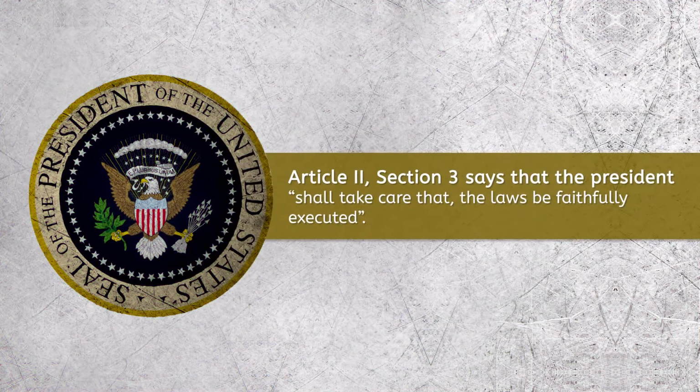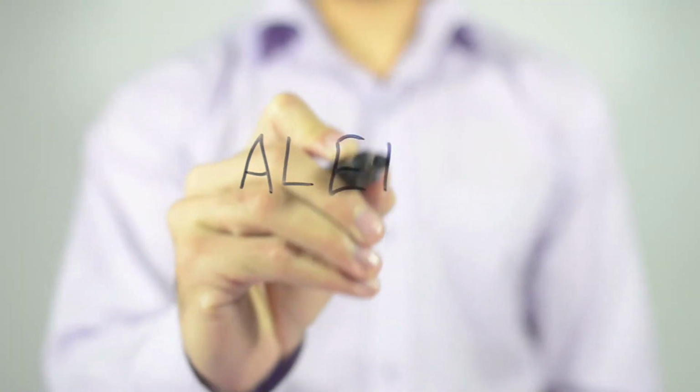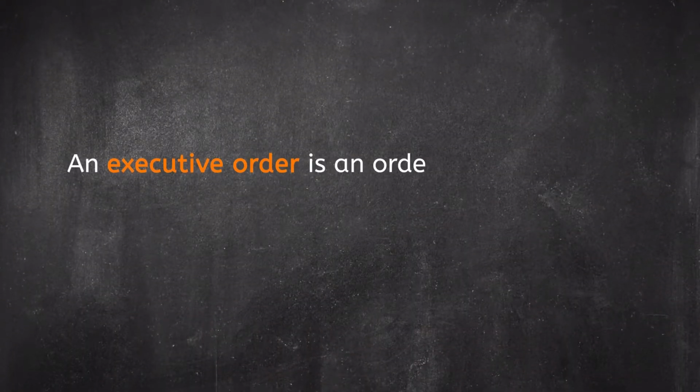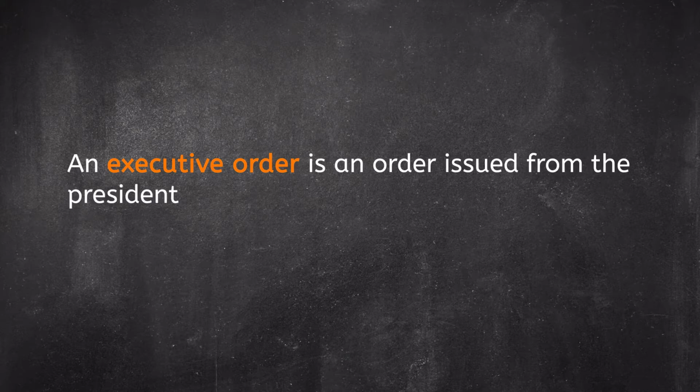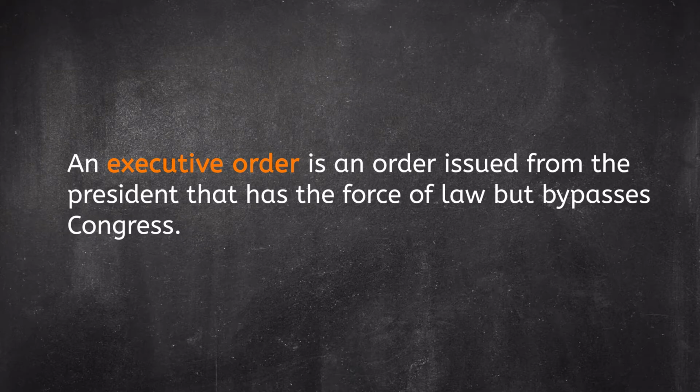Article 2, Section 3 says that the president shall take care that the laws be faithfully executed. This section has led to the use of executive orders. Word alert! An executive order is an order issued from the president that has the force of law but bypasses Congress.